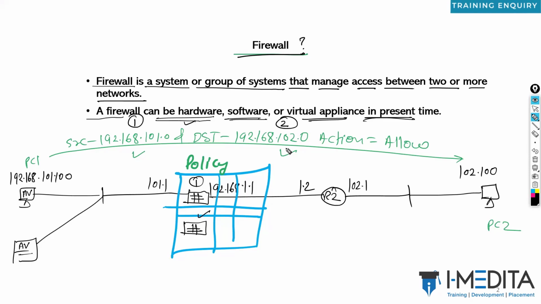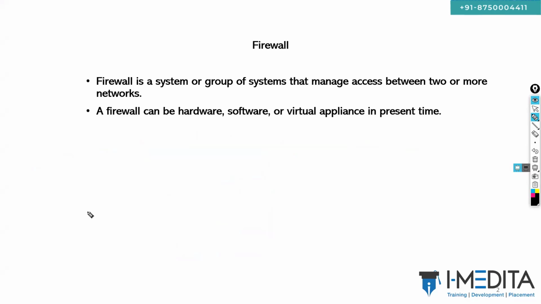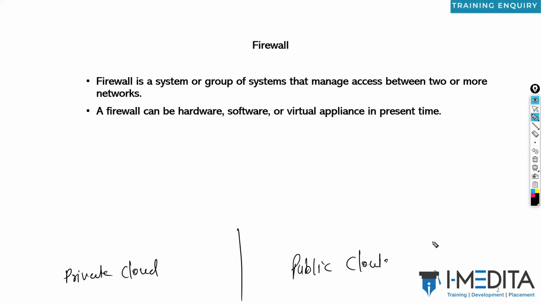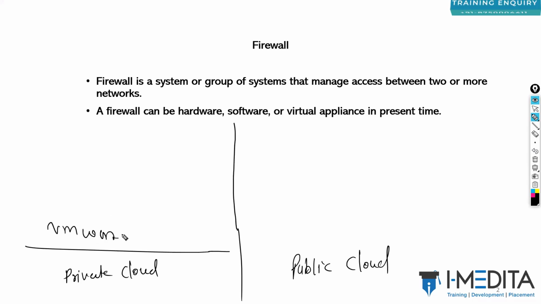Hardware we can understand, software we can understand, but to understand a firewall as a virtual appliance: in present time, we use private cloud and we also use public cloud. Private cloud means VMs, where ESXi.